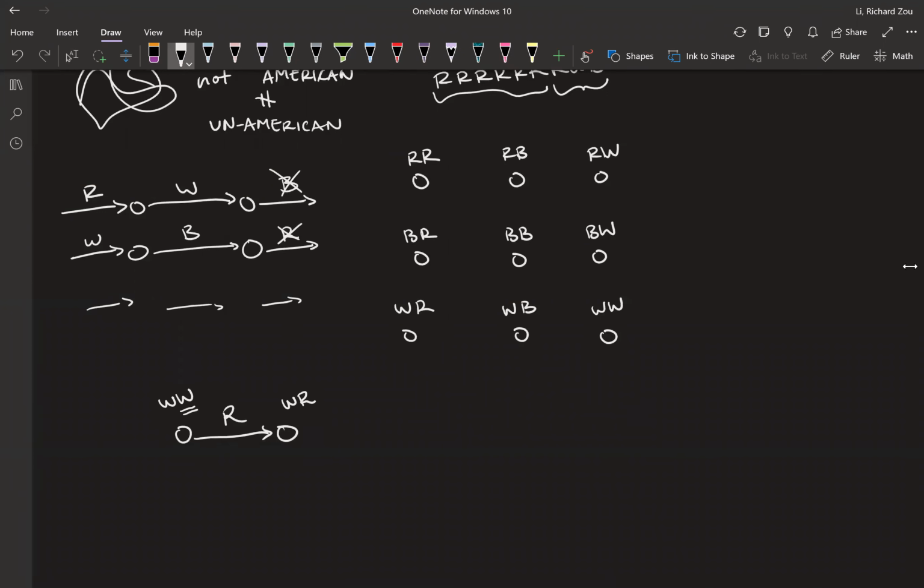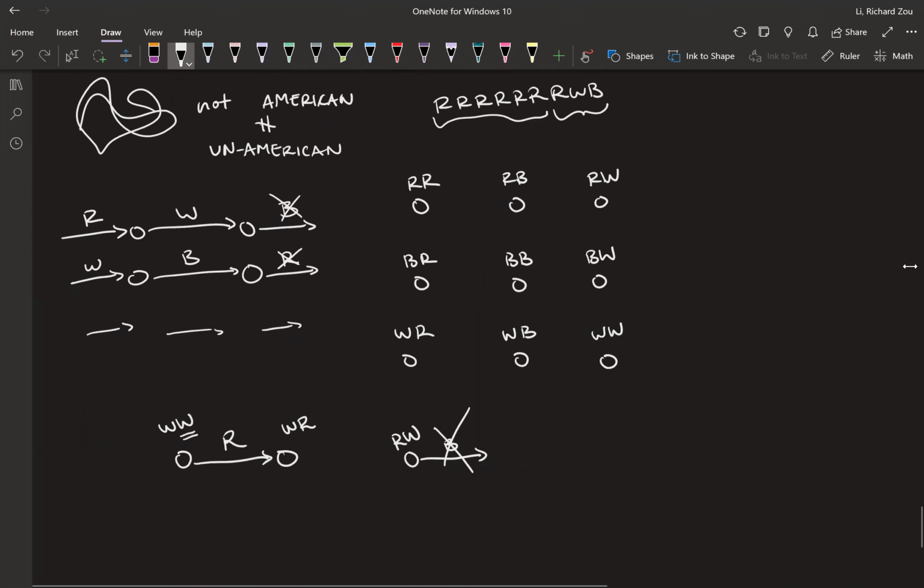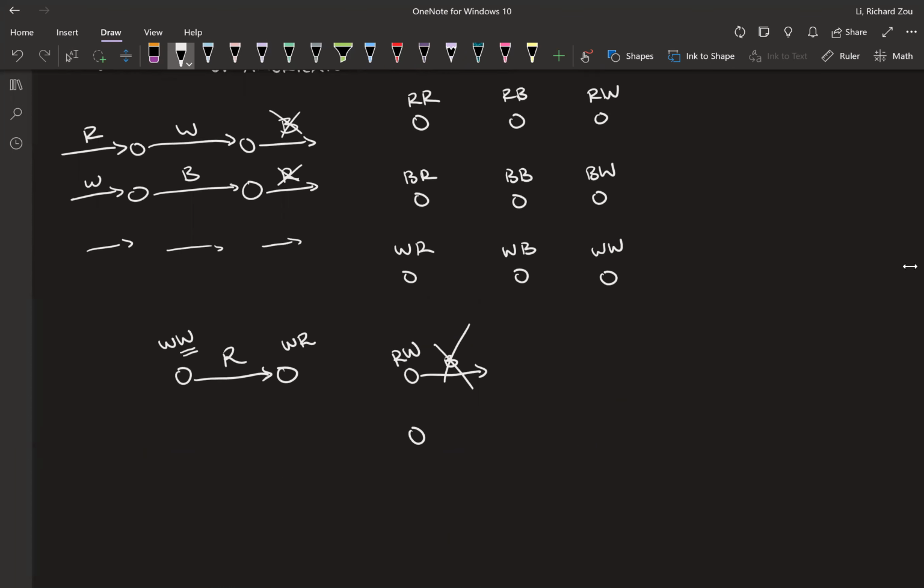except with the restriction that there is never going to be a blue edge leading out of a red white node, because again, that would break this pattern here. There's going to be no red edge leading ever out of a white blue node.